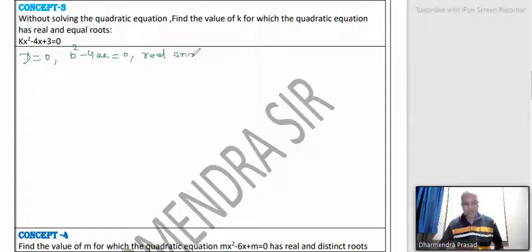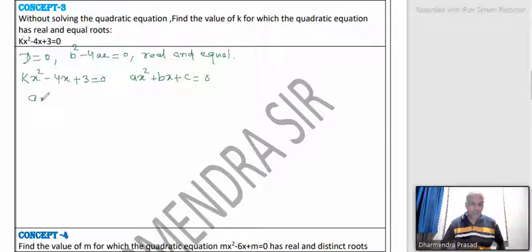Here the equation is k x square minus 4x plus 3 is equal to 0. Comparing with the general form ax square plus bx plus c is equal to 0, we get a is equal to k, b is equal to minus 4, c is equal to 3.